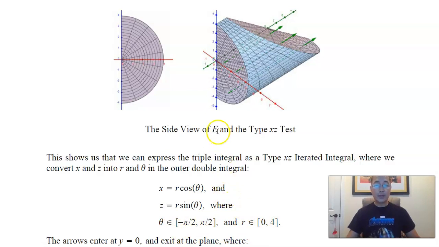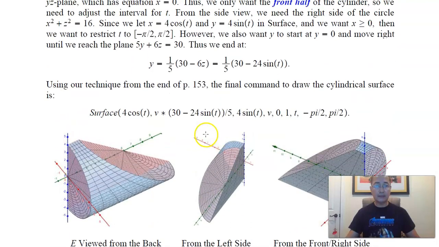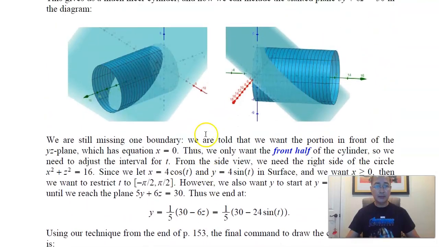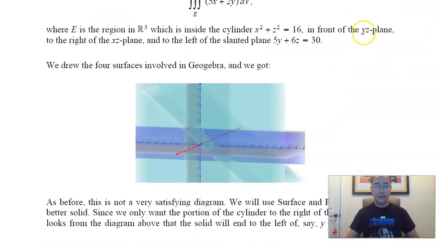Okay, so our arrows enter at y equals 0, and we exit on the plane. But what was the equation of the plane? Let's go back over here, and on the plane, scroll up. The plane is 5y plus 6z equals 30. Okay, so we are doing type xz, so we have to solve for y.